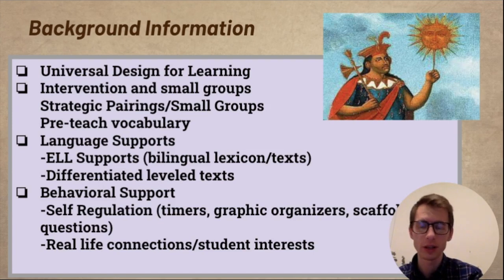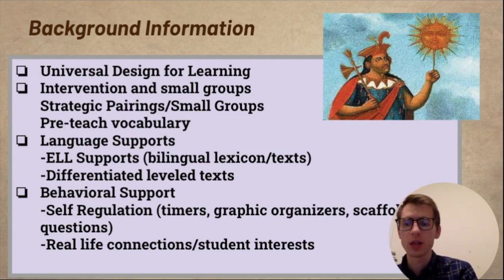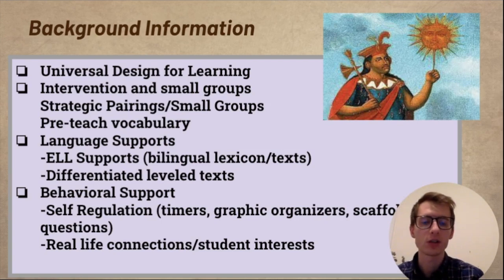This will also support ELL learners, and also we will provide support in their native language. Behavioral supports will include ways to self-regulate, such as timers, graphic organizers, and scaffolding questions to help students as they progress through lessons. And also to create engagement, we'll be drawing from student interests and make some real-life connections for those students.